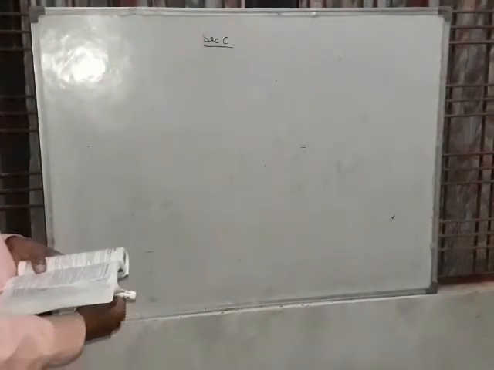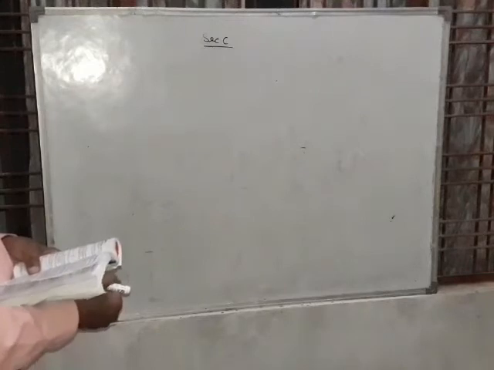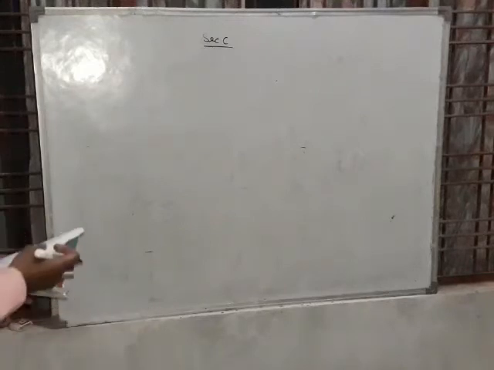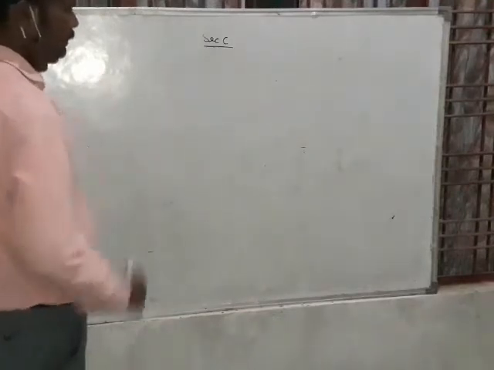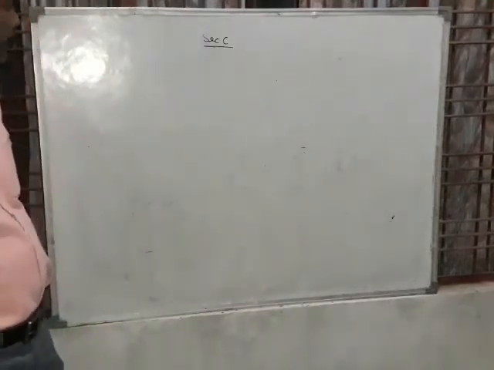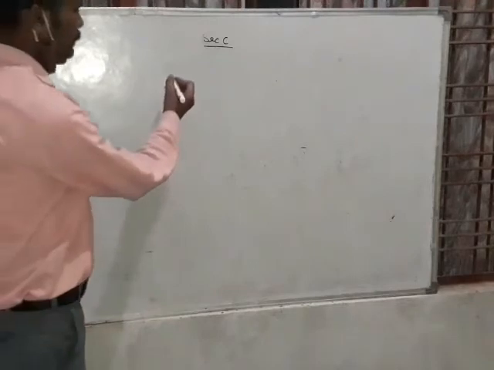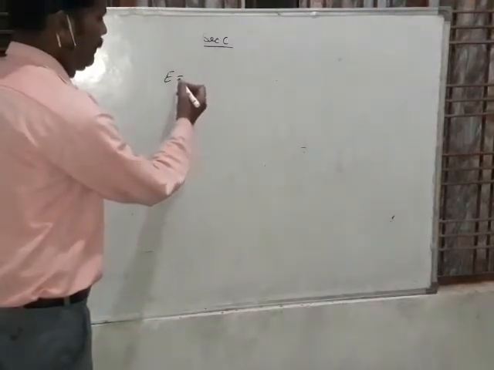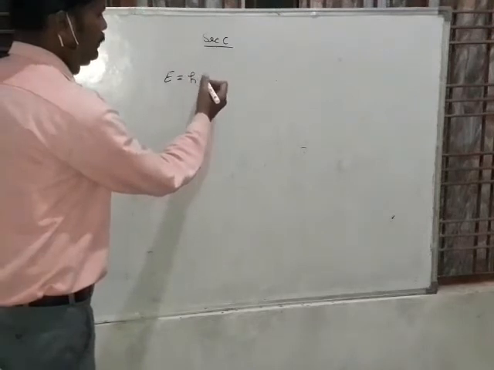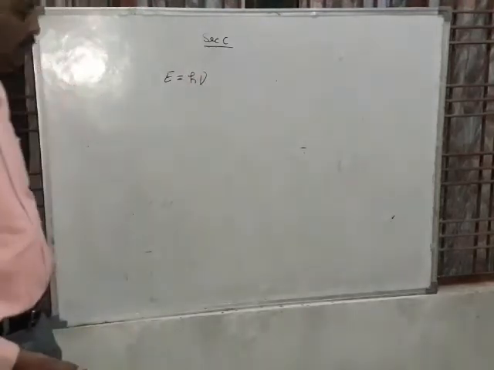First part, photoelectric emission on the basis of quantum model of light. You know that according to quantum model of light, light travels in the form of photons, each photon having energy E equal to h nu, where h is Planck's constant.